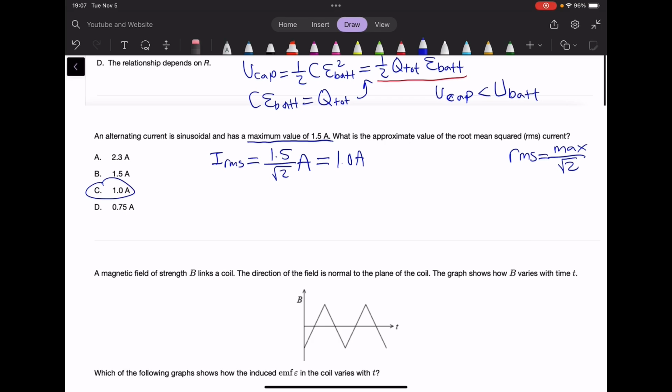When solving the problem, we can directly eliminate A and B because they're larger. Because the RMS value cannot be larger or equal to the maximum value. So A and B are definitely wrong. For D, we can see 0.75 ampere is equal to a half multiplied by 1.5. And this is way too small, right? So C is the only possible answer.